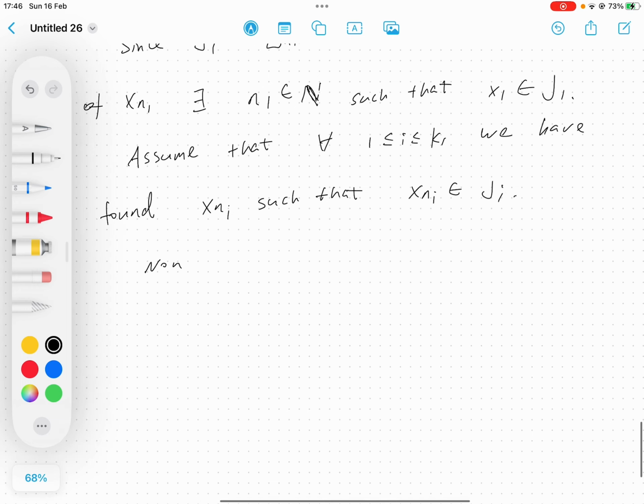Now J_{k+1} will contain infinitely many terms of the given sequence.